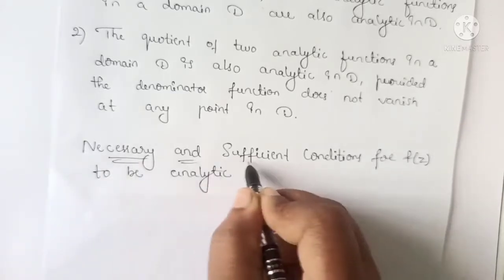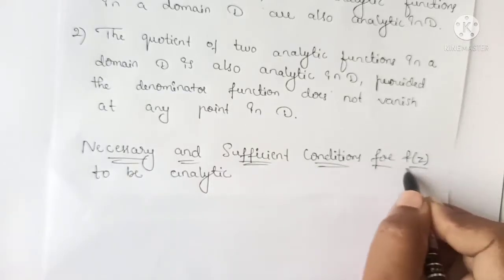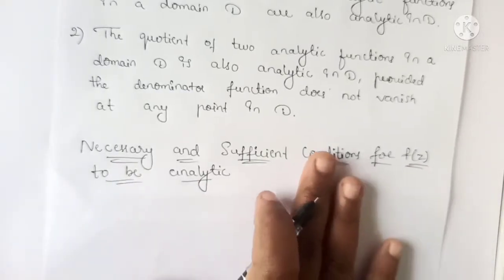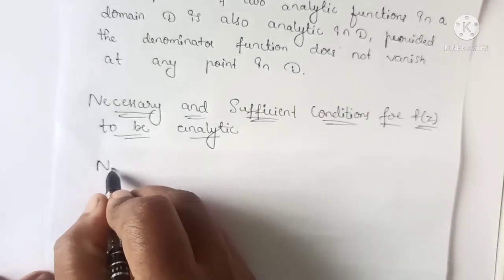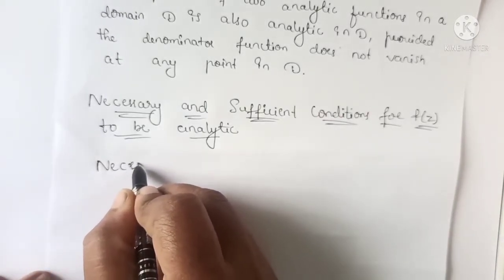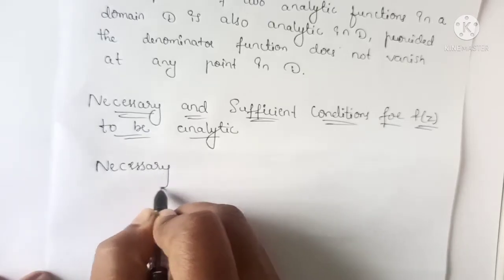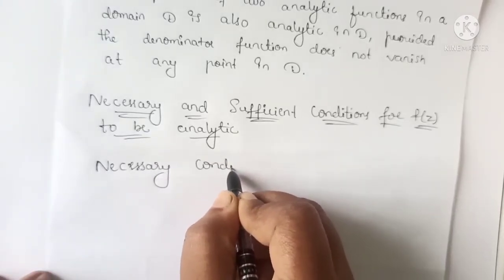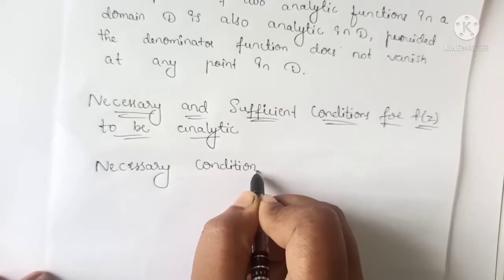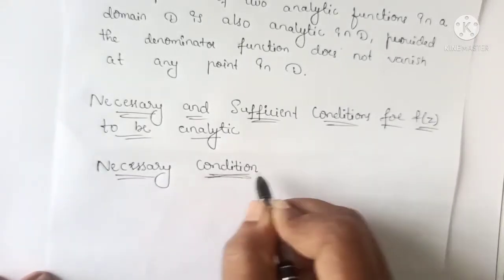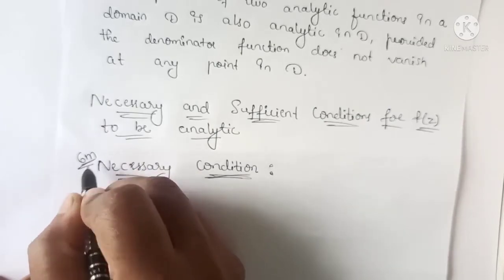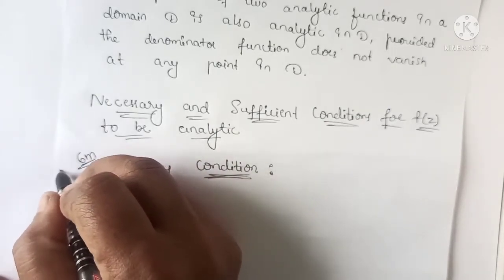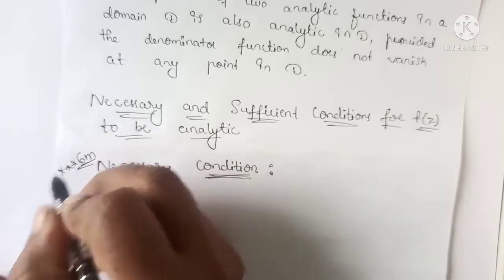So in this we prove the necessary part separately and the sufficient part separately. Okay, so first we prove the necessary condition. So this necessary condition, even its statement and proof both are important for your exams for 6 marks. So it is very important, right?